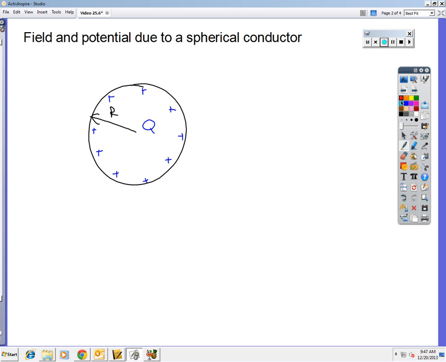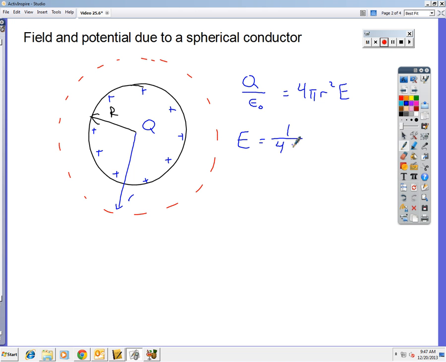Gauss's law says that if you draw a spherical Gaussian surface around it, the enclosed charge Q divided by epsilon 0 equals the surface area of that sphere, where that radius is little r, times the electric field, and the electric field ends up being the same as the field for a point charge located at the center of the sphere.